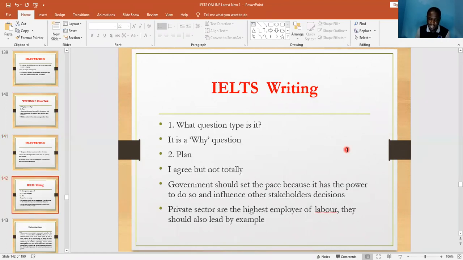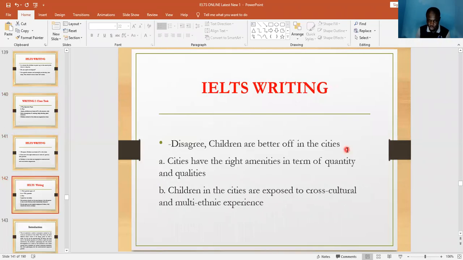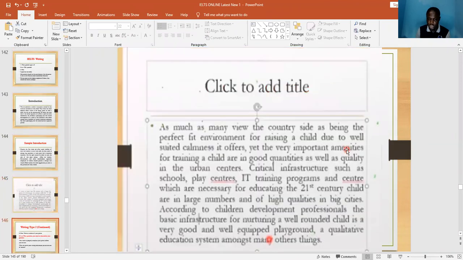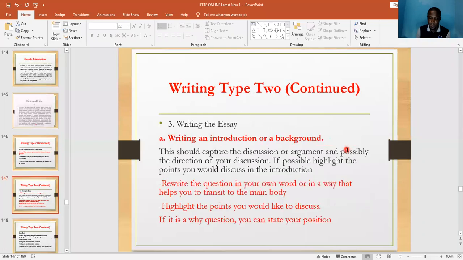And then the next thing to do after planning, sorry, there is another plan for another question which I just showed, but I will go to the next thing after planning, which is to write an introduction. I gave a highlight about how to write an introduction.